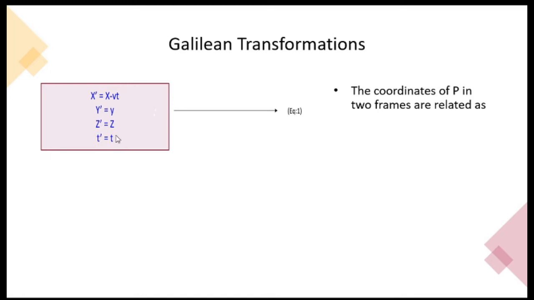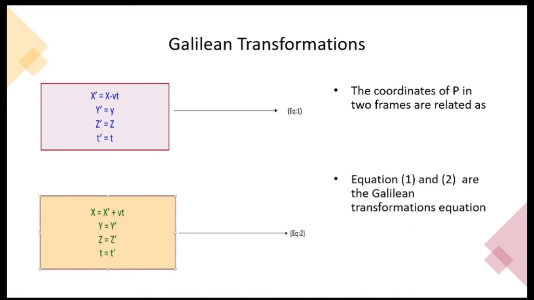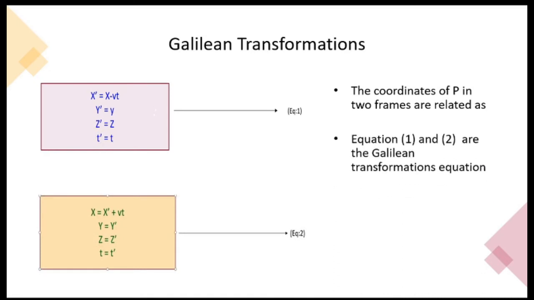Now, if we want to find the relation in the S frame, then we get x is equal to x dash plus vt. You can observe this from equation 1. From this set of equation 1, you can observe that x is equal to x dash plus vt, y is equal to y dash, z is equal to z dash, and t is equal to t dash.